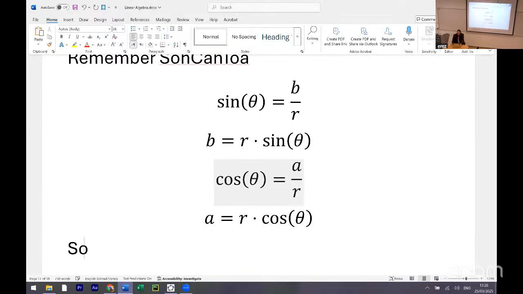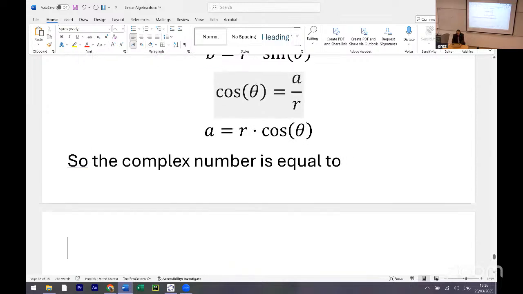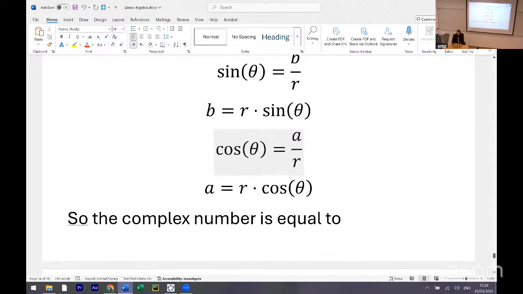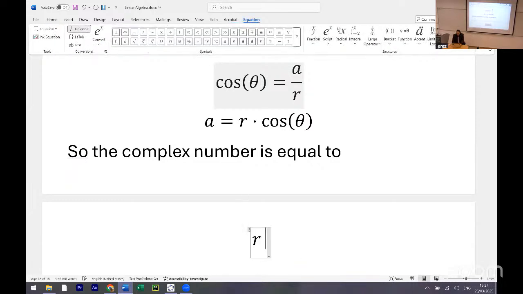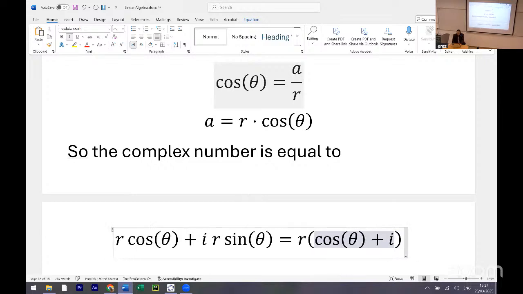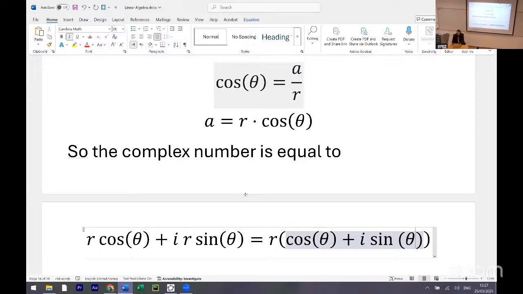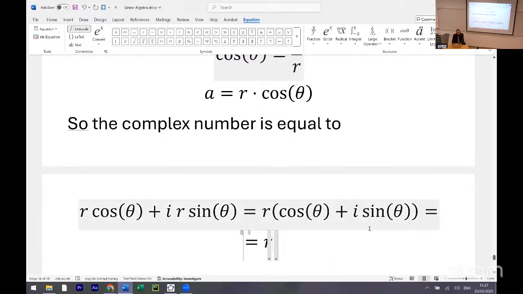So the complex number is equal to r cosine of theta plus i r sine of theta, which is equal to r times cosine of theta plus i sine of theta, which we call cis of theta.